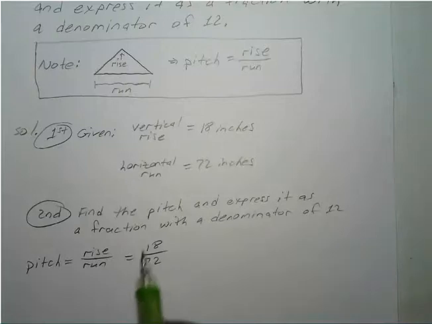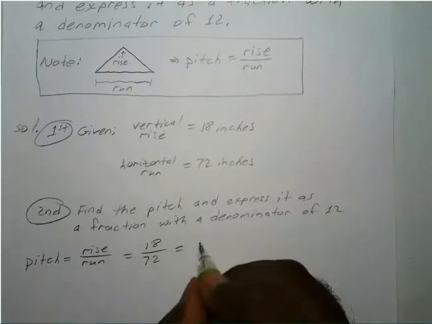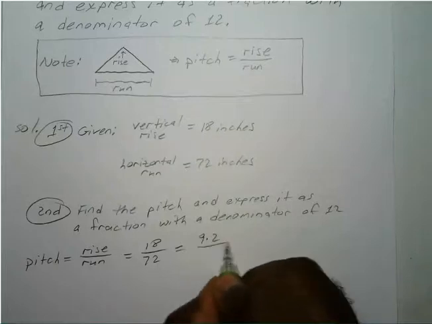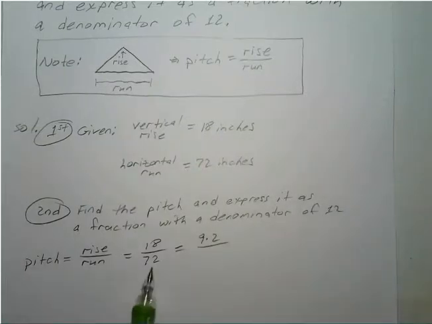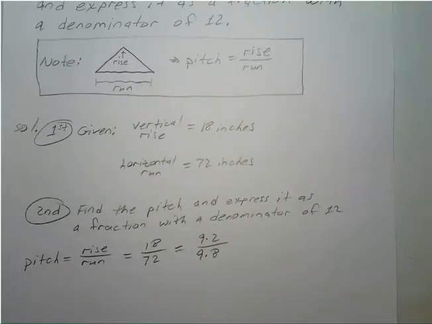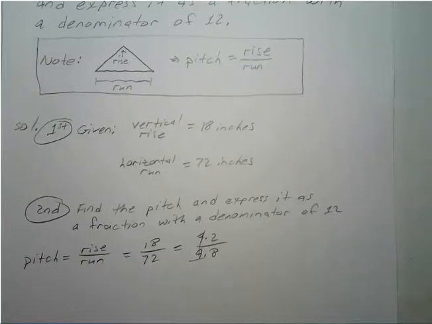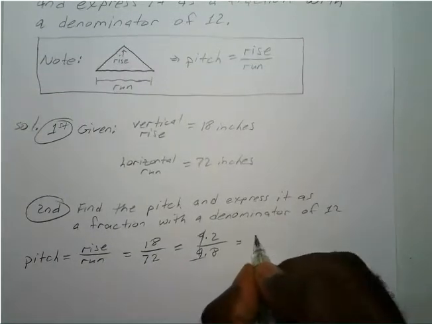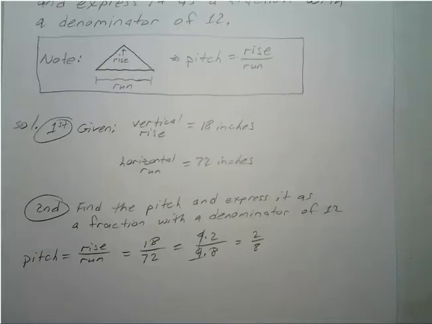All right, so if we go ahead and simplify this, we know that 18 is 9 times 2. And we know that 72 is 9 times 8. Those two cancel out. 9 divided by 9 is 1. So you end up with 2 over 8.